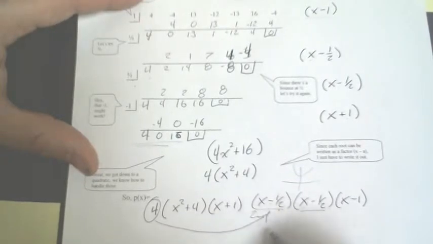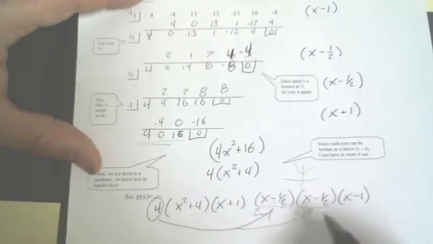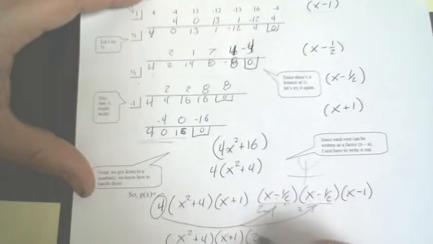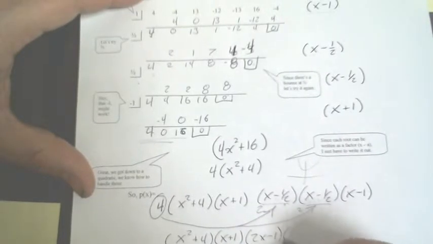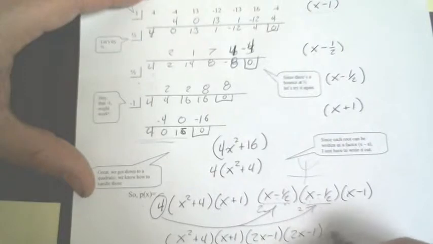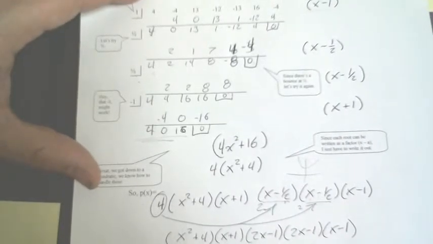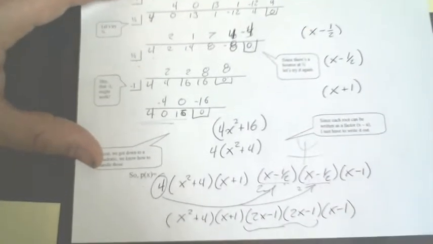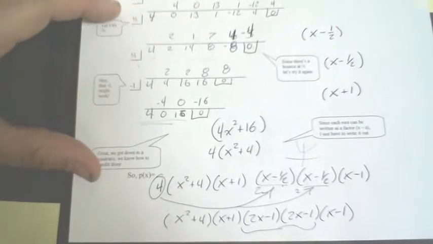Put one of the 2's in there. Put the other 2 in there. And you will get a much more attractive x squared plus 4, x plus 1, 2x minus 1, 2x minus 1, and x minus 1. And frankly, I'd even be inclined to write this as 2x minus 1 squared to give a nice, pretty final answer.